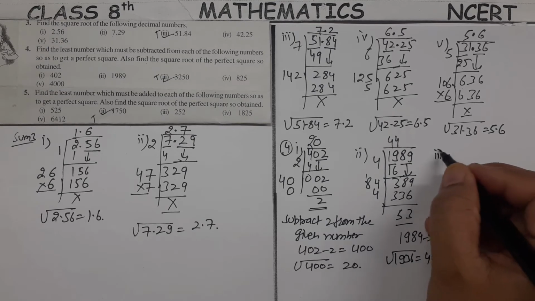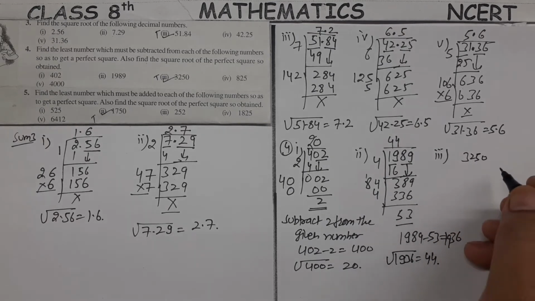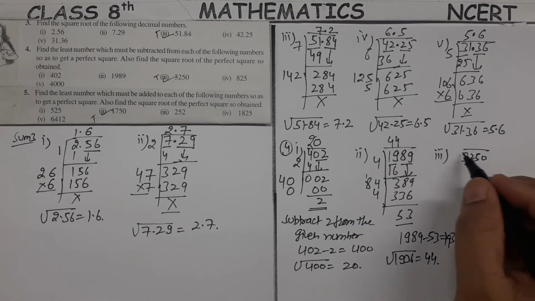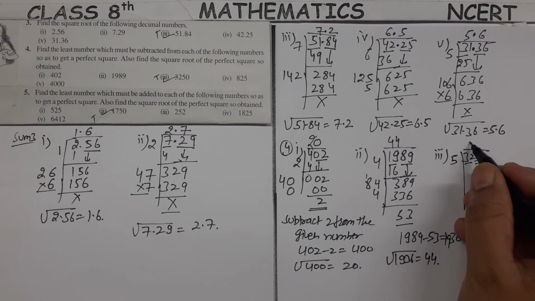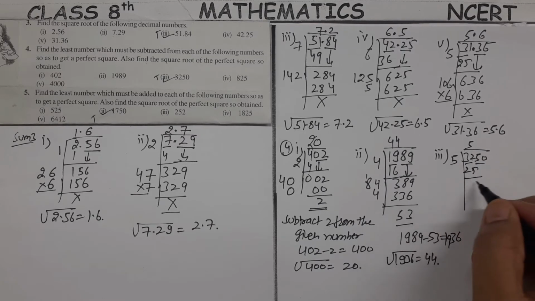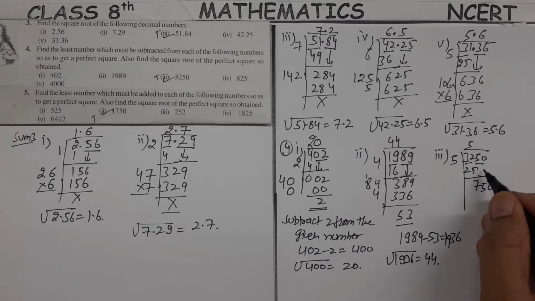Now the next is part third, 3250. Pair: 25. Pair 50.